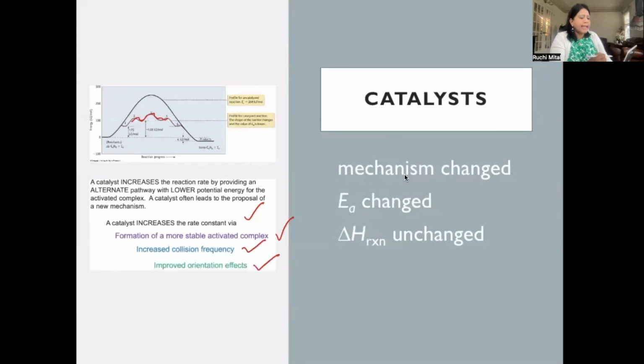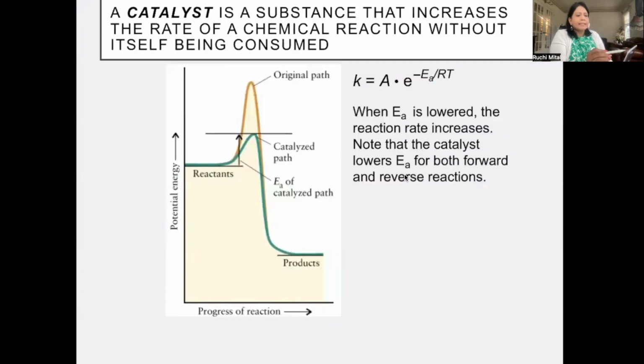So the catalyst is helping all these things. As a result, it speeds up the reaction. And as a result, a catalyst often results in a new mechanism. Mechanism is changed, activation energy is changed, but the enthalpy of the reaction is not. A catalyst is a substance that increases the rate in a chemical reaction without itself being consumed. So this is what we were talking about.